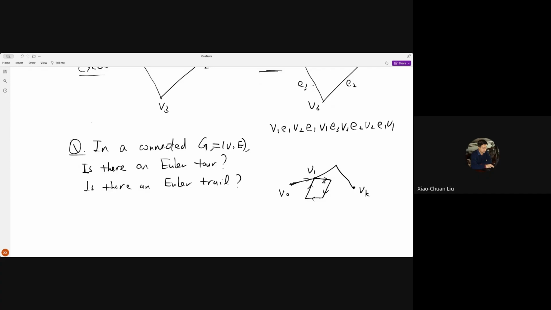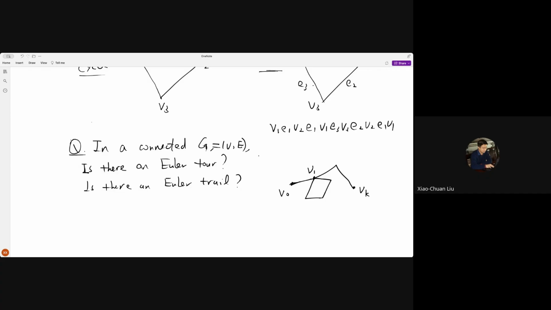If there is a direction, for convenience, maybe I do not draw, I don't want to confuse you with directed graphs. It's not a directed graph. For example, we move from V0 to V1 and this edge is used. We cannot use it again. But we can do this, and come back to use V1 again, as long as we do not use one edge twice. So this is an Euler trail.